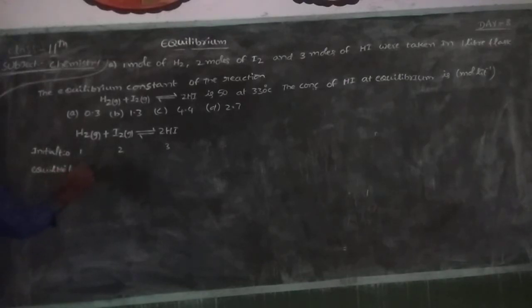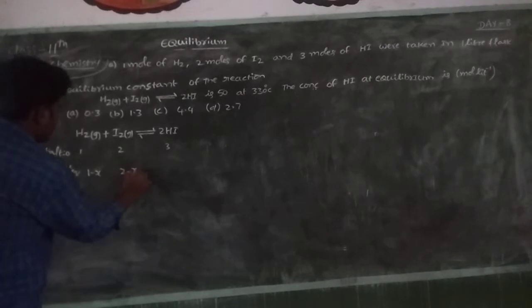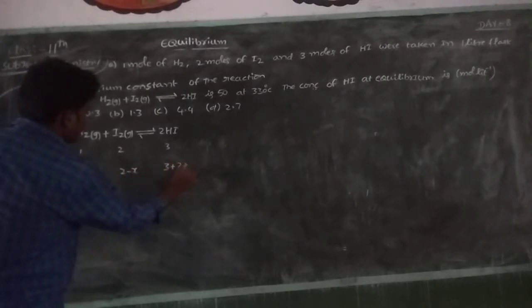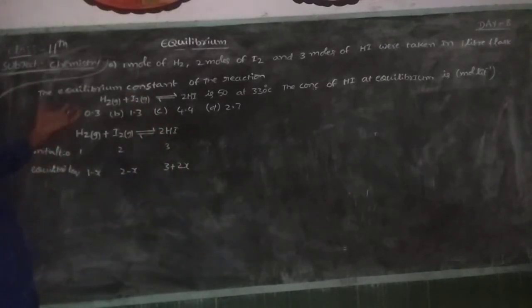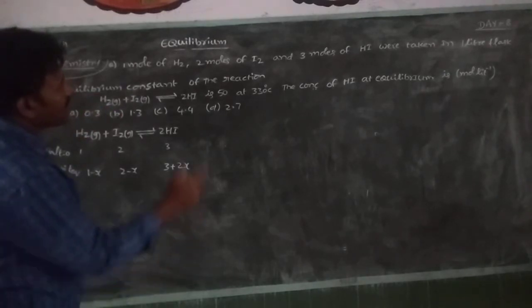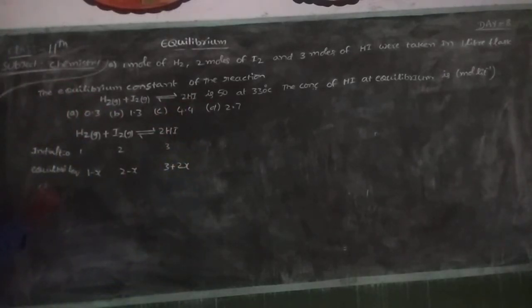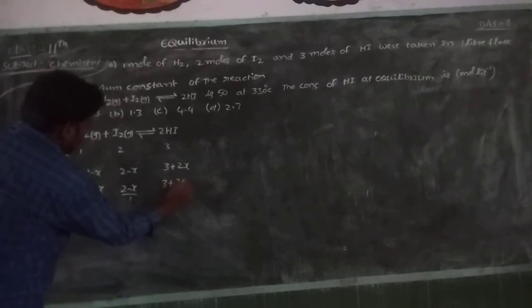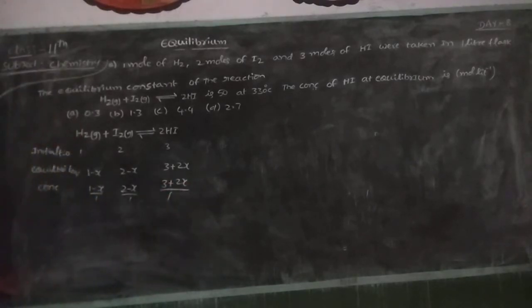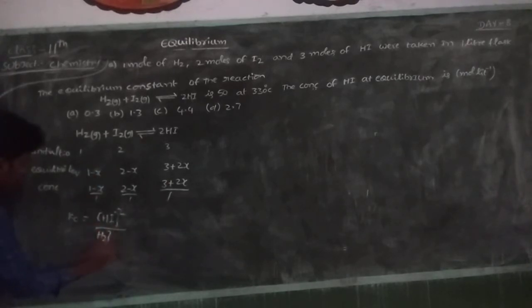At equilibrium, 1 minus x, 2 minus x, 3 plus 2x. Since it is only a 1 liter vessel, the concentrations are 1 minus x by 1, 2 minus x by 1, 3 plus 2x by 1. Now Kc is given. Kc is equal to HI concentration power 2 upon H2 concentration into I2 concentration.